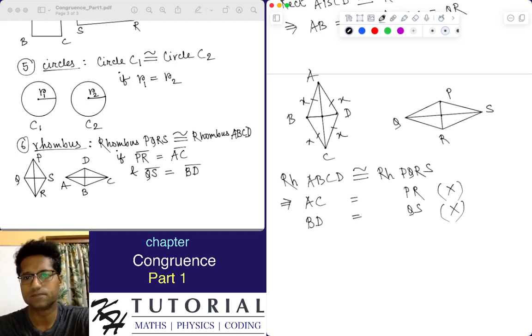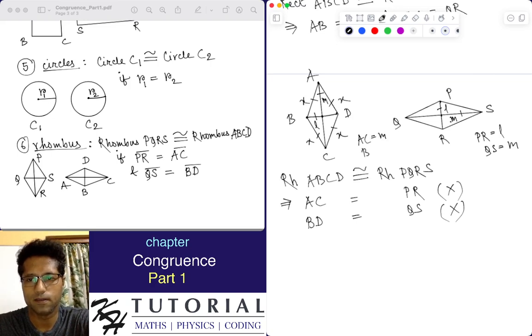And we can clearly see from the diagram that, let's say this shorter diagonal is L, and this is M. So definitely in the rhombus PQRS this will be M and this will be L. So in this case we will have PR equal to L and QS equal to M, and in this rhombus we will have AC equal to M and BD equal to L.